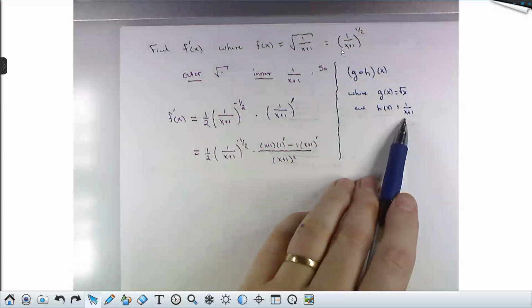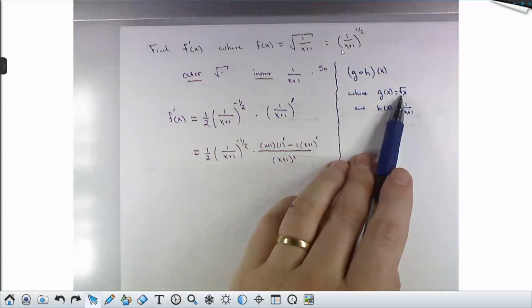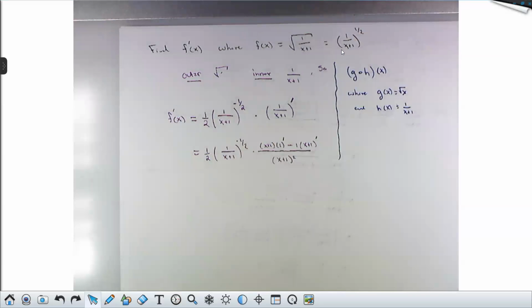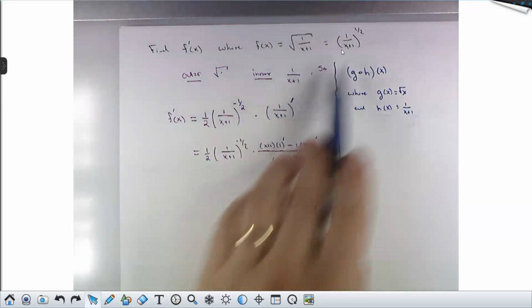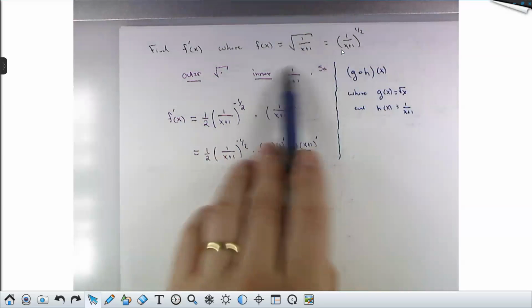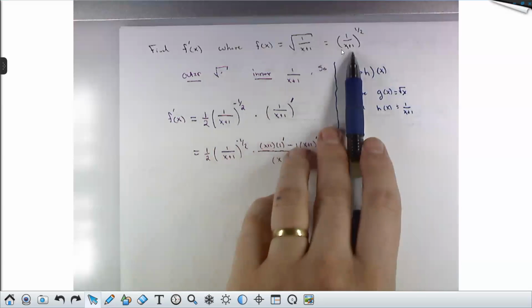If you take this and plug it in here, which is what this says, then you get this. So H is the inner, the 1 over x plus 1 is the inner, and the outer is the square root. I'm plugging this function into this function to get this function.